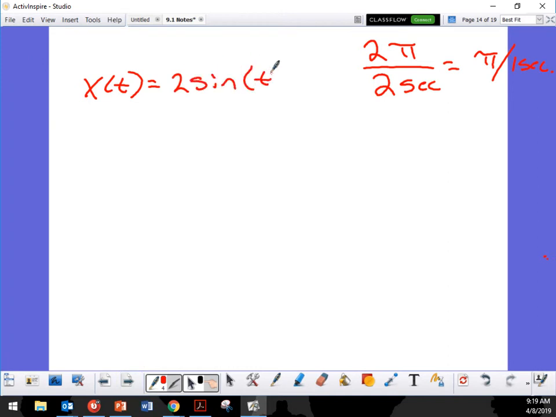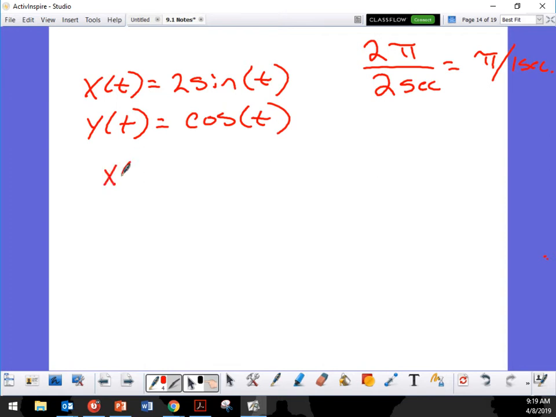Of t, because I'm referring to the first value, my x value there, and then my y of t would be cosine. And then the speed is going to be my pi, right? So let's go ahead and add that in.